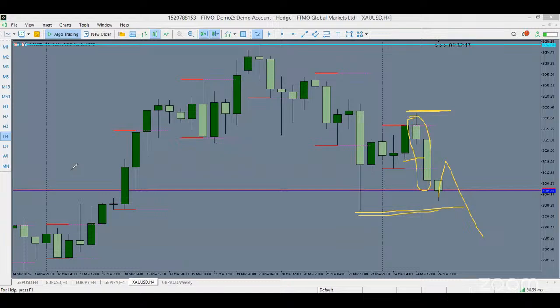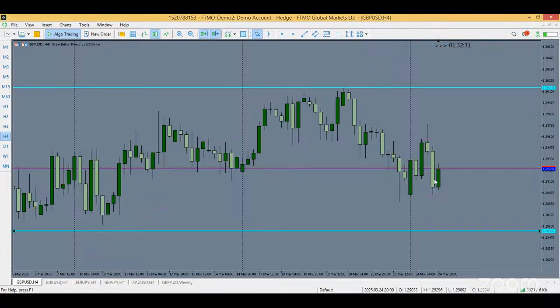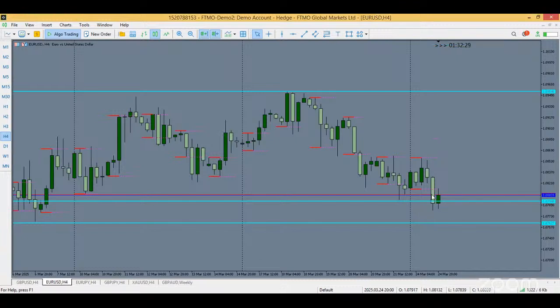So right now we're very bearish. EU is very bearish. Gold is bearish as well. GU is bearish, but it's a bit stronger. It's looking too strong for my liking compared to EU.